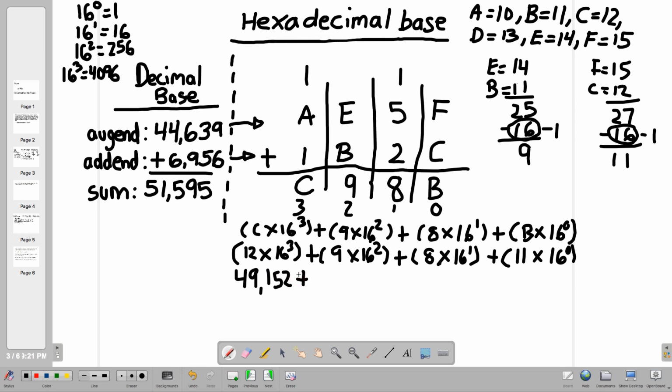Plus 9 times 16 to the second power, which is the same thing as 256 times 9. It's a value of 2,304. And then we have 16 times 8, which is 128.